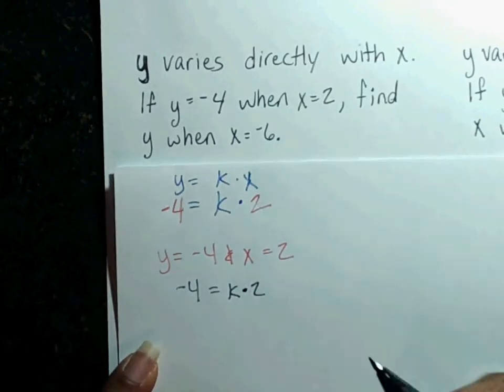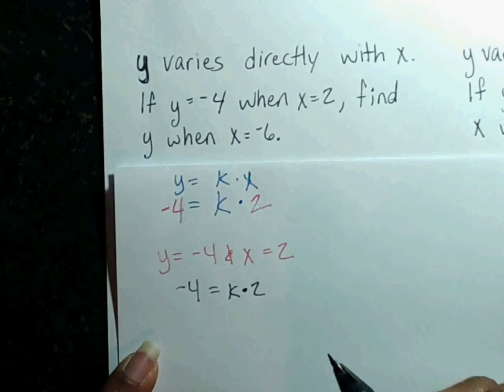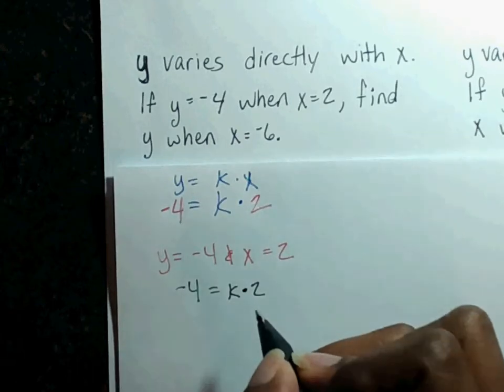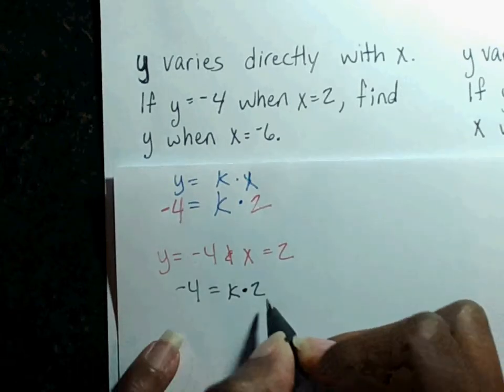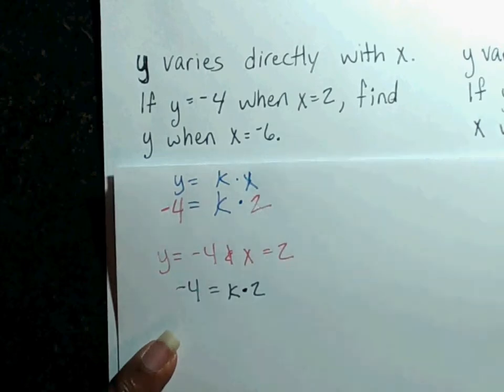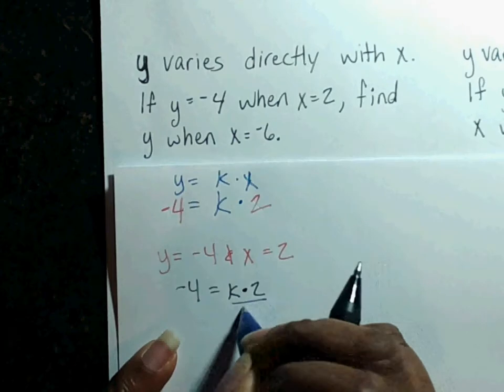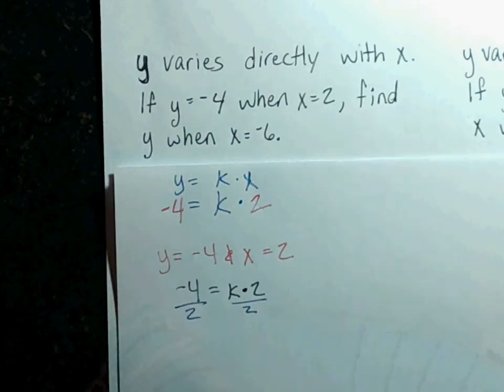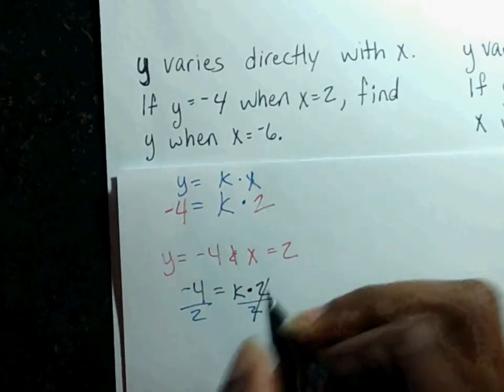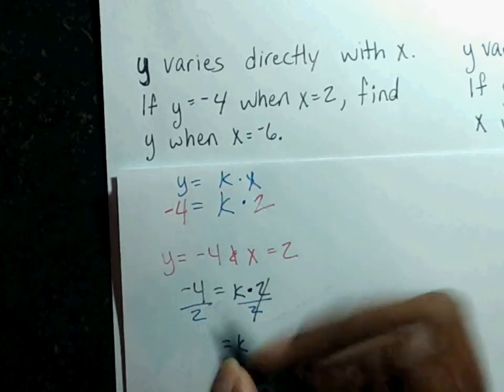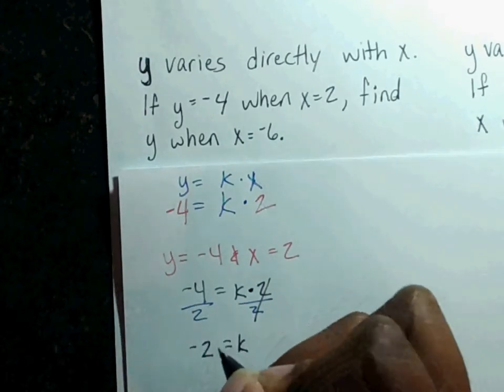How would you get k by itself? Yep. What you'll do is divide both sides by 2, and you'll get that k equals, in this case, -2.